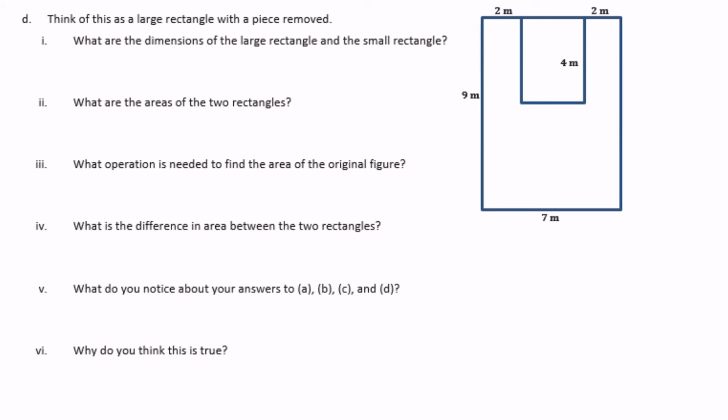D, think of this as a large rectangle with a piece removed. What are the dimensions of the large rectangle and the small rectangle? Okay, so I'm going to outline the large rectangle in orange. Let's find the dimensions of the large rectangle. Large dimensions would be 7 meters by 9 meters.